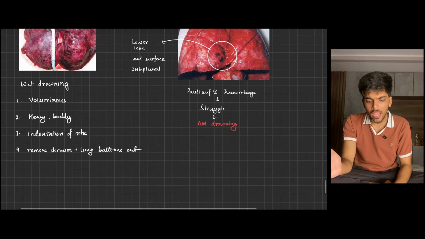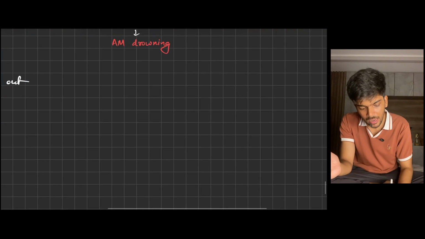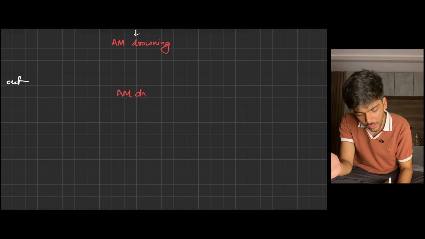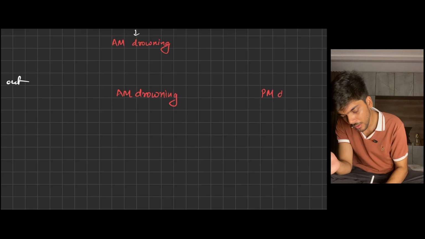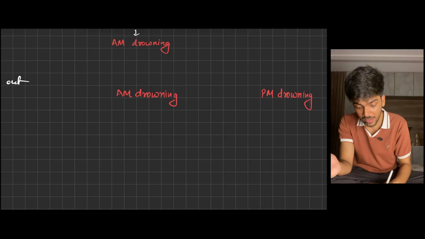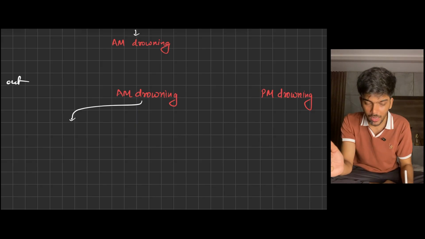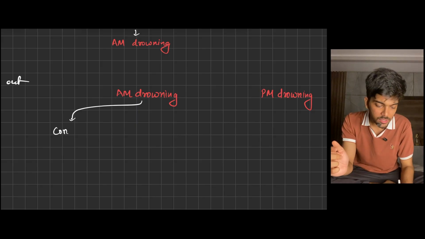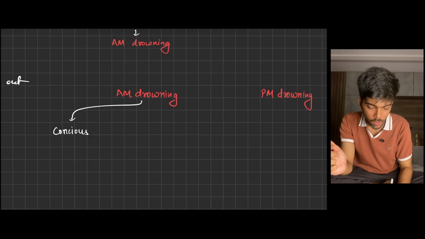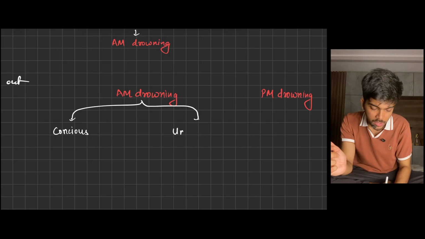Now, you need to be able to differentiate between ante-mortem drowning and post-mortem drowning just on the basis of lung findings, right? So, ante-mortem drowning can be of two types, either conscious ante-mortem drowning or unconscious ante-mortem drowning.